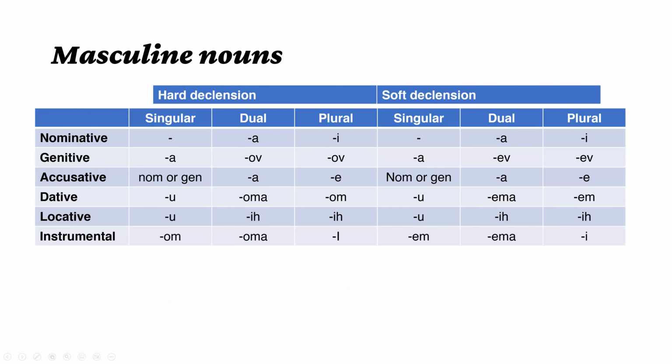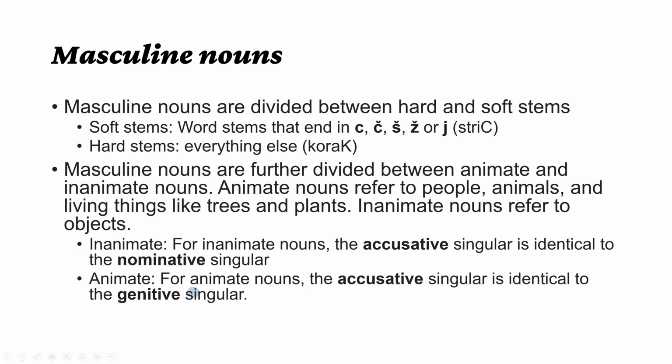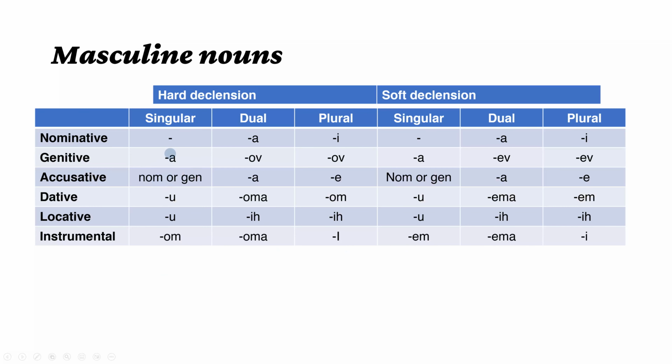Okay, let's continue. So what I meant by that, let's go back. For inanimate objects, the accusative is the same as the nominative. So if we have a chair, this is the ending of a nominative, and the accusative is the same as the nominative. So this is the ending. There is no ending.